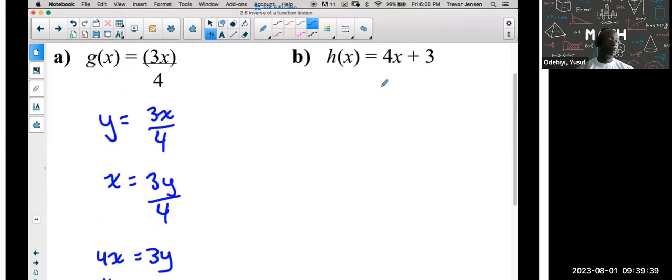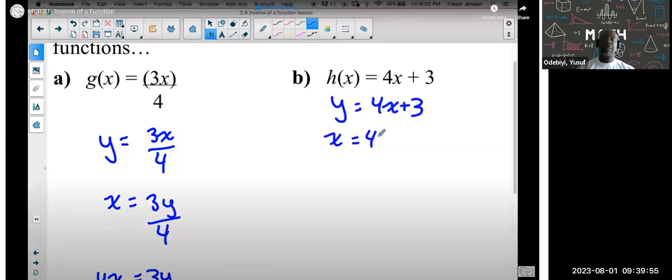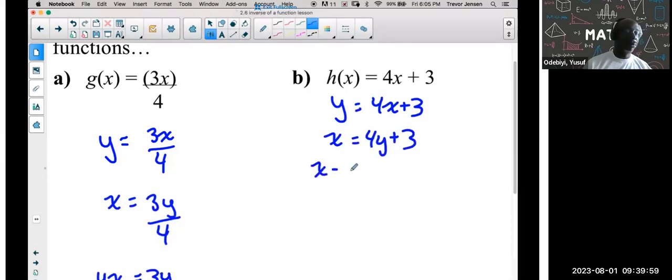So that one's done. This one, the function is h at x. Let's write the equation algebraically of the inverse of h at x. So we start, replace h at x with y. Swap the x and the y with each other, so x equals 4y plus 3. And now rearrange the equation to isolate y.